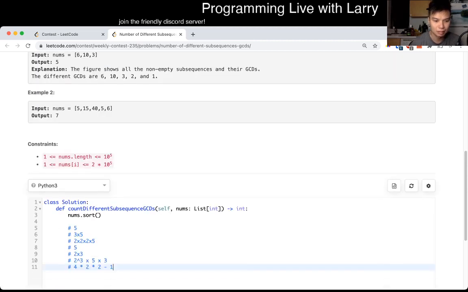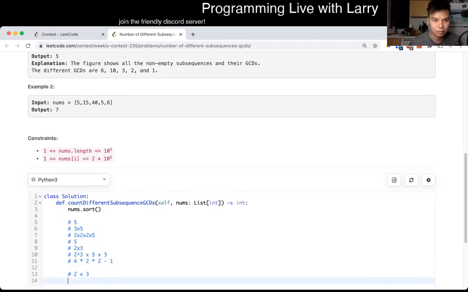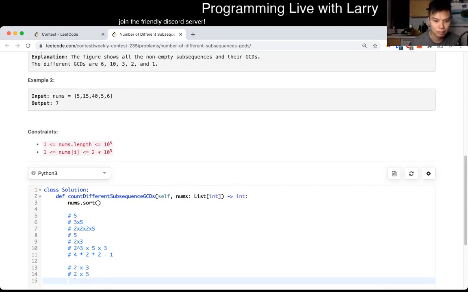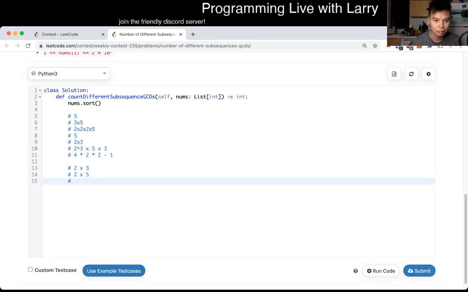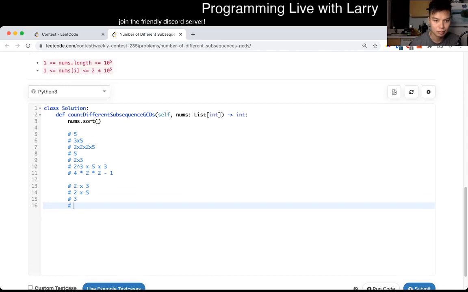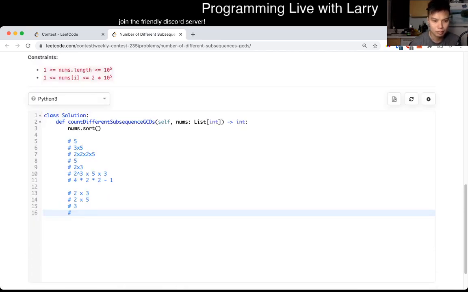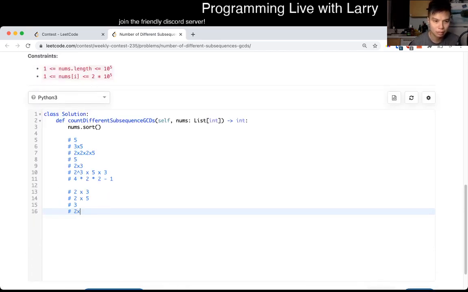Is that right? I guess so. I don't know if this is right, so let's see.